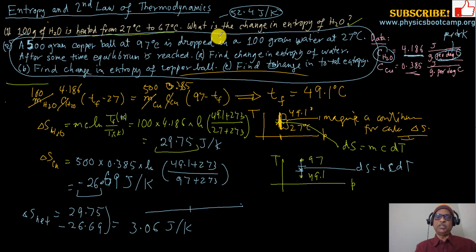But to compute ds, we had to imagine some reversible processes, okay? Because no matter what kind of reversible process is imagined, we are going to get exactly the same value, because it's only going to depend on initial and final. The change will only depend on initial and final. And this is a very common problem that gets asked when you are faced with an entropy problem.